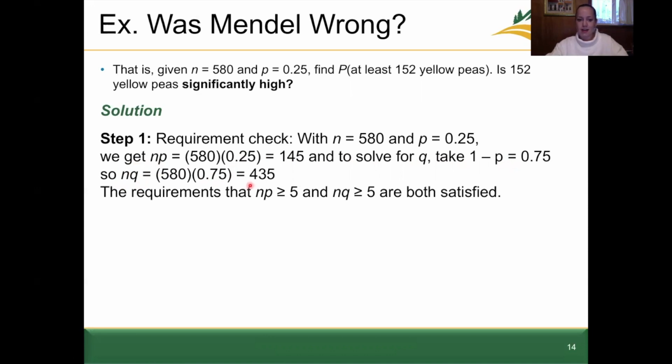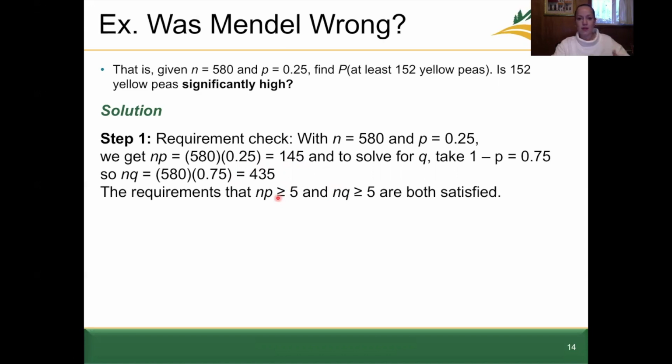Then we ask, are both n times p and n times q greater than or equal to 5? Well, yes, right? 145 is greater than or equal to 5, and 435 is greater than or equal to 5. So both of these requirements are satisfied, both are true, then we can move on to step 2.